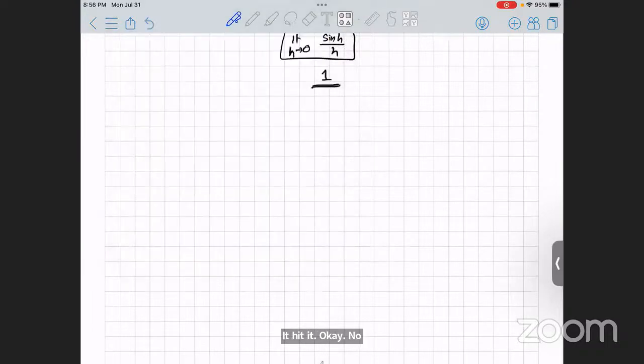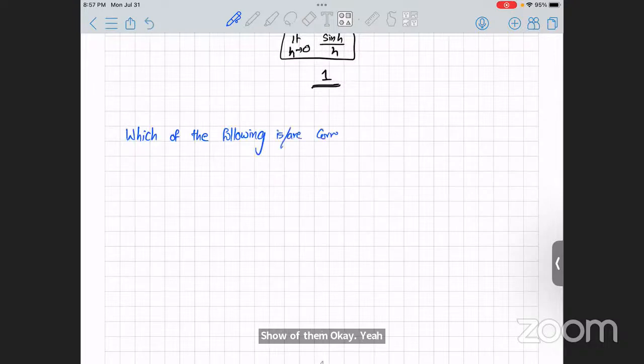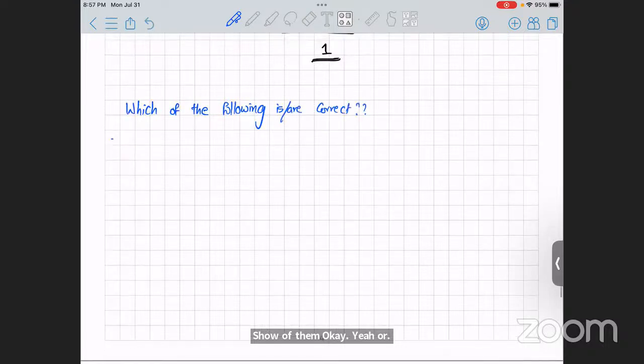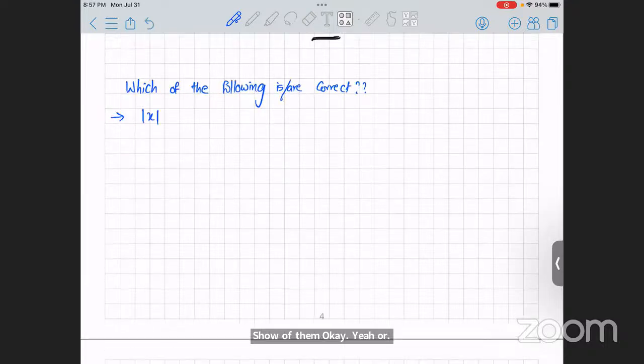Now we will go on to a little bit tricky question. Which of the following is or are correct? Mod x is continuous and differentiable.